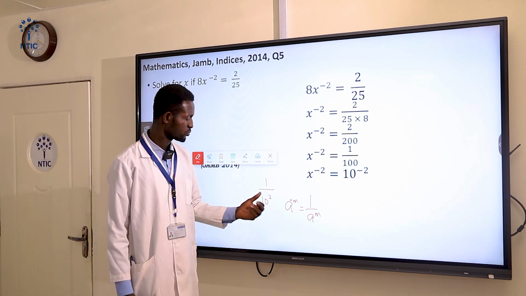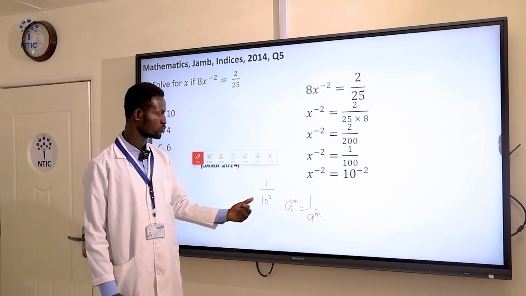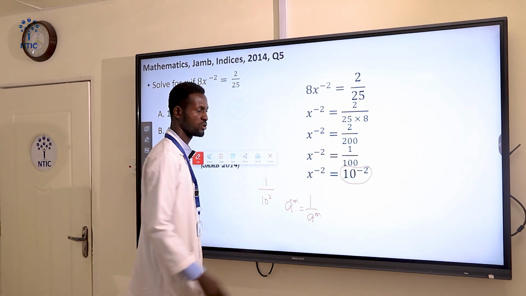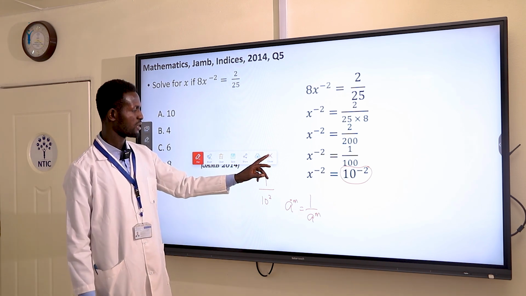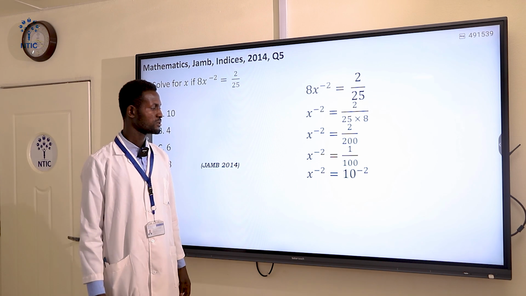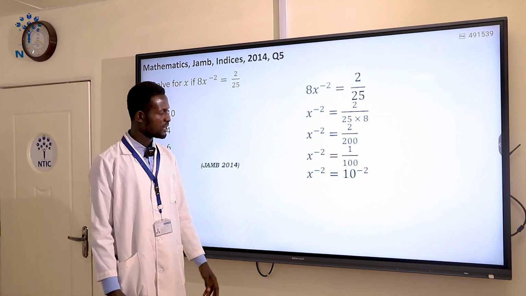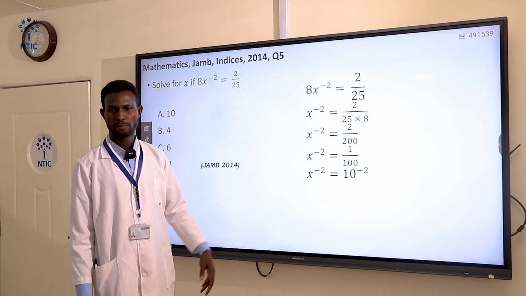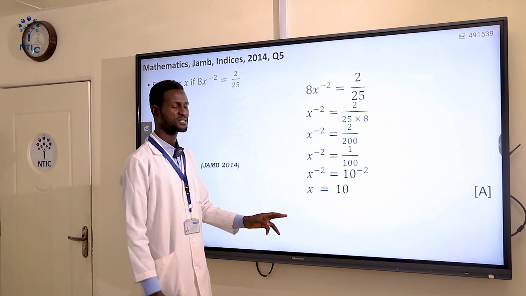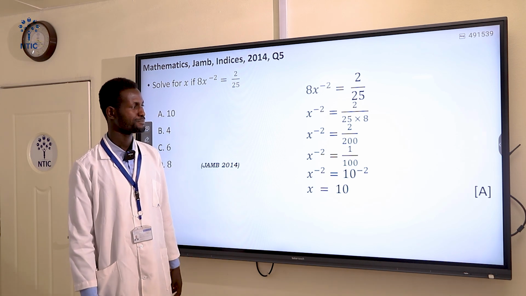So we can change 1 over 10 raised to power 2 and write it as 10 raised to power minus 2. Now after doing this, we see that the terms have equal power. So the powers can cancel out to have x equals 10.